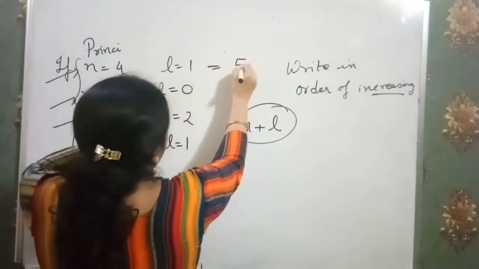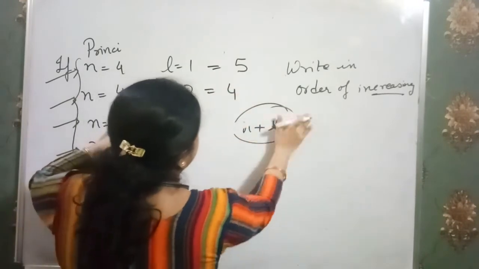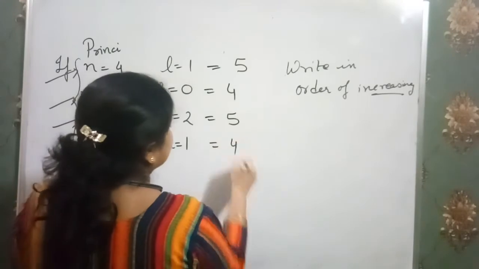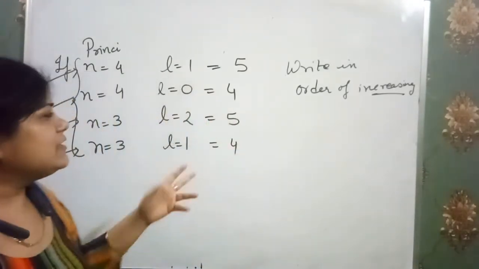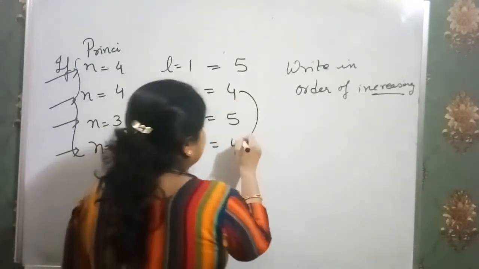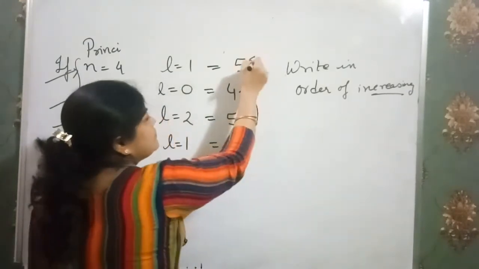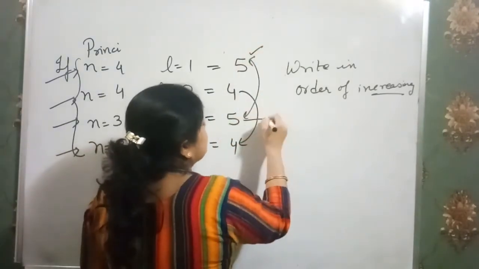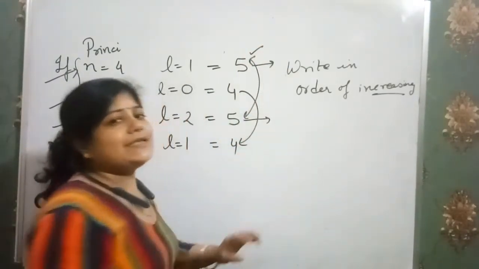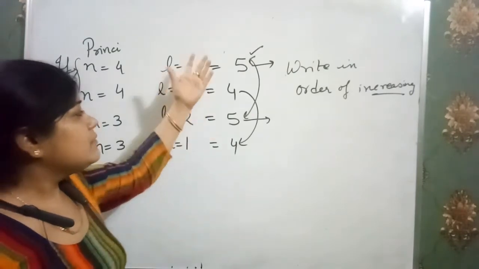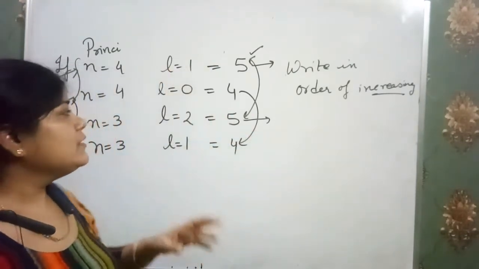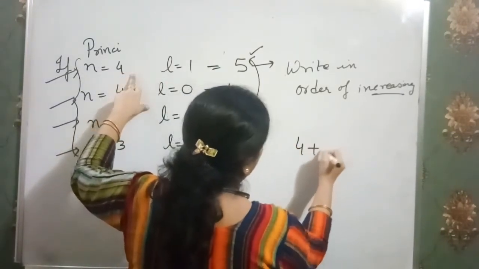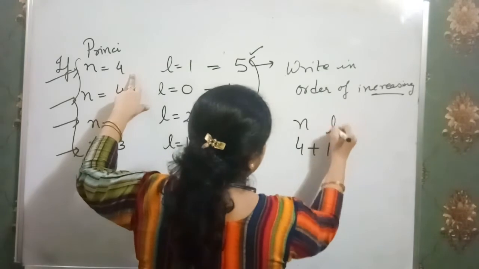It is 4 plus 1, this is 4, and this one is 5, and it is 4. But now this seems contradictory. Two of them have 4 and two of them have 5. Now how do we decide? According to our rule, the set of quantum numbers which has 5 has the maximum energy level. But from the two we have to decide one. Then how will I decide? In this case we have 4 plus 1, that is n plus l.